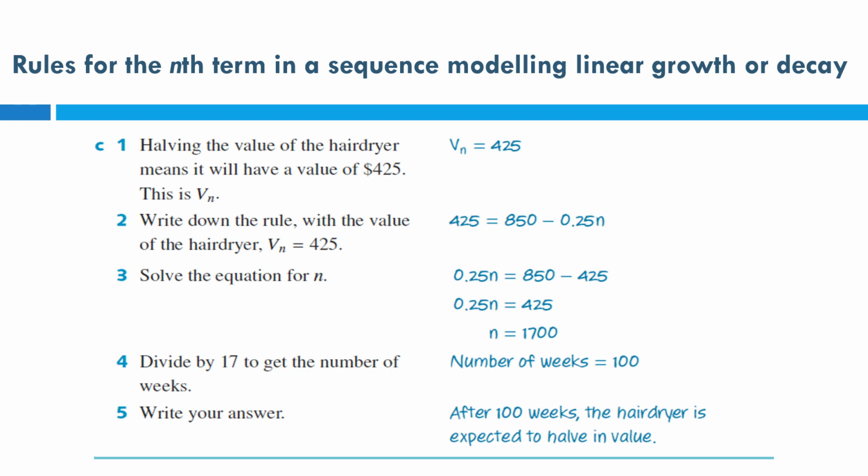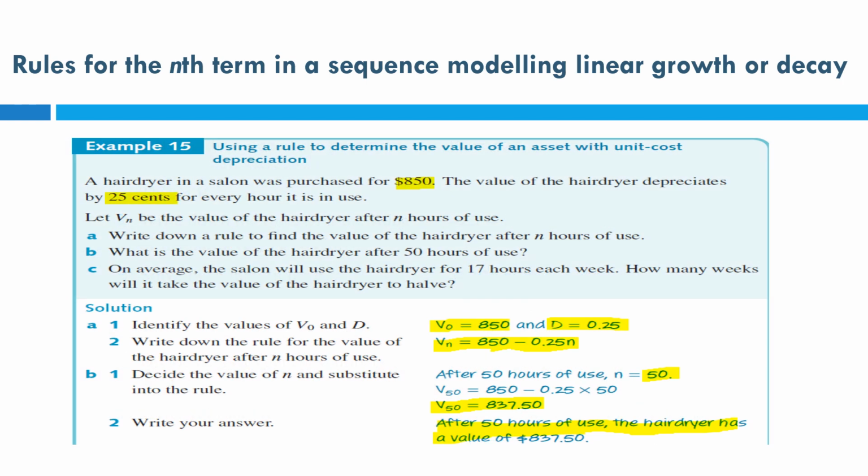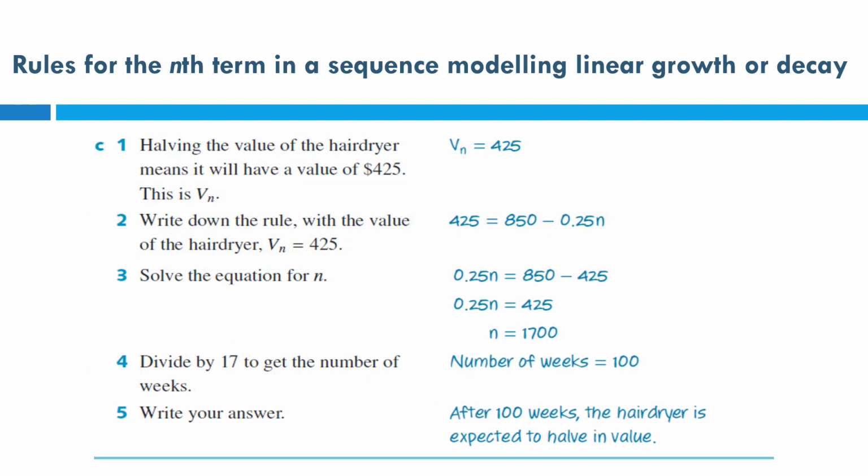Then we've got just a bit more on this one, Miss. So then we had, write your answer for 2. On average, the salon will use the hairdryer for 17 hours each week. How many weeks will it take for the value of the hairdryer to halve? So a couple of things here. We know that we want to look at how many weeks it will take for the hairdryer to be half the value, which is 425.